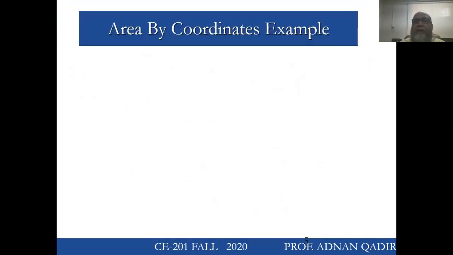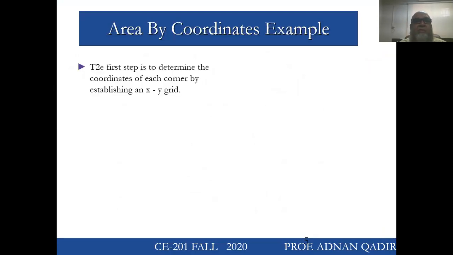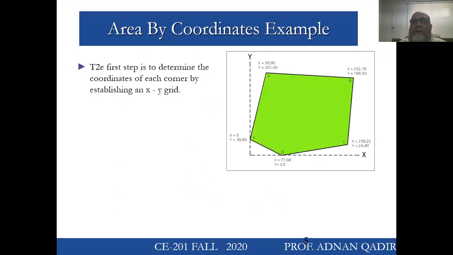Now, if you want to know the area by coordinates, what will you do? You know, when you do surveying of a closed area, from your basic knowledge of surveying one, you have a traverse, maybe of this shape or any other shape.